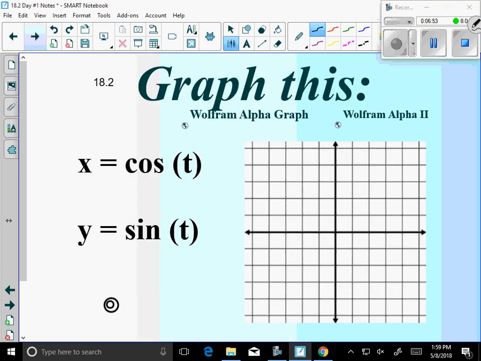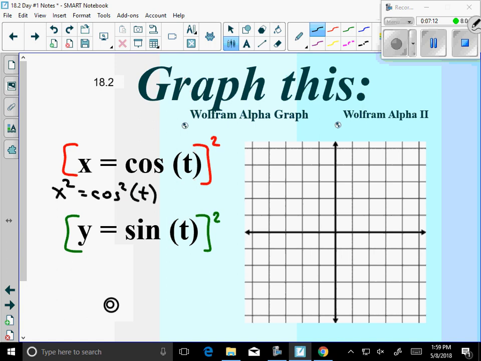Let's go here for a moment. We did this yesterday, but if I took both of these items and I squared them, I think we can all agree that we'd get x squared equals cosine squared t, and y squared equals sine squared t.